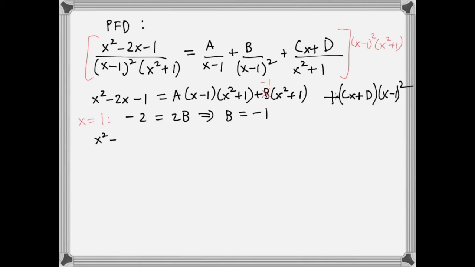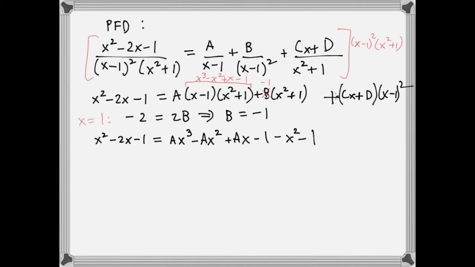So now let's multiply the right side out. Let's see here, I'm going to multiply this out. This is x cubed minus x squared plus x minus 1, and I'm multiplying that by A. So I end up with Ax cubed minus Ax squared plus Ax minus A. And then I have minus x squared minus 1.